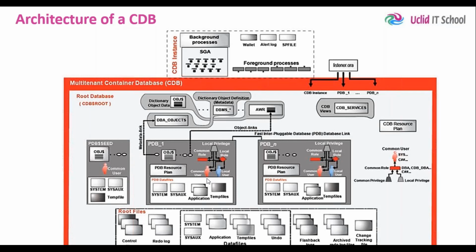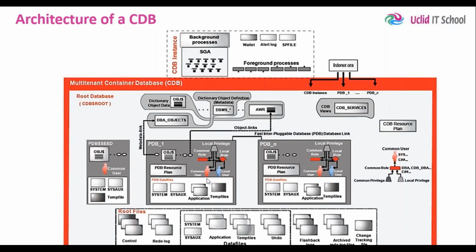Similarly, Oracle creates many other users, roles, and tables during the installation, right? So instead of creating all of them in every individual PDB, those are all created in the root and shared with other PDBs internally using metadata link or data link or object link. Then what is stored in the PDB data dictionary?